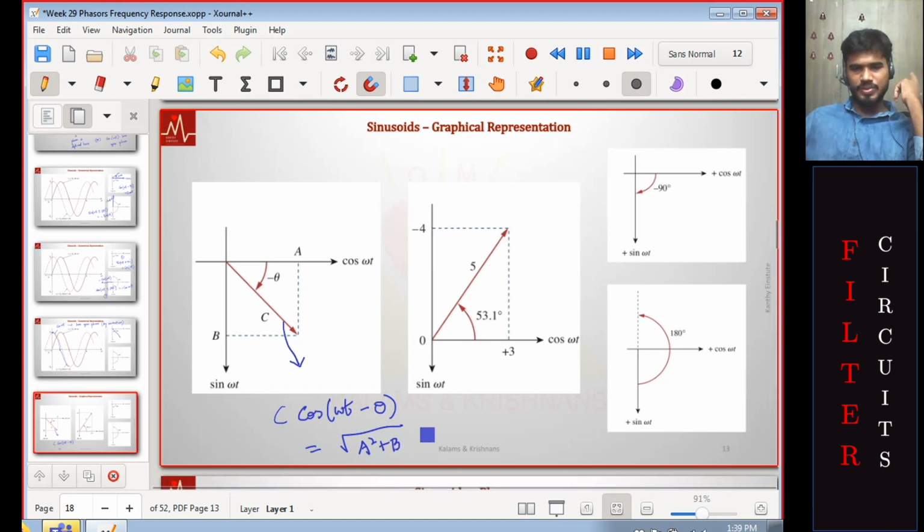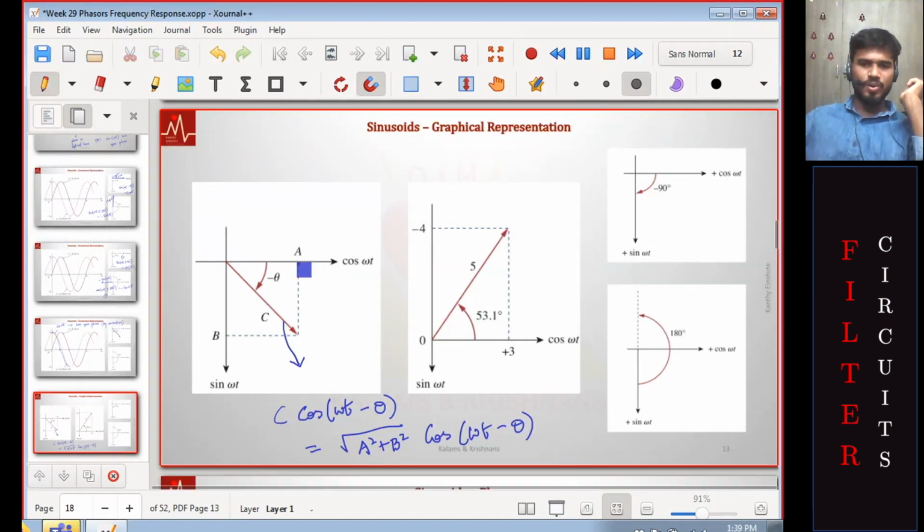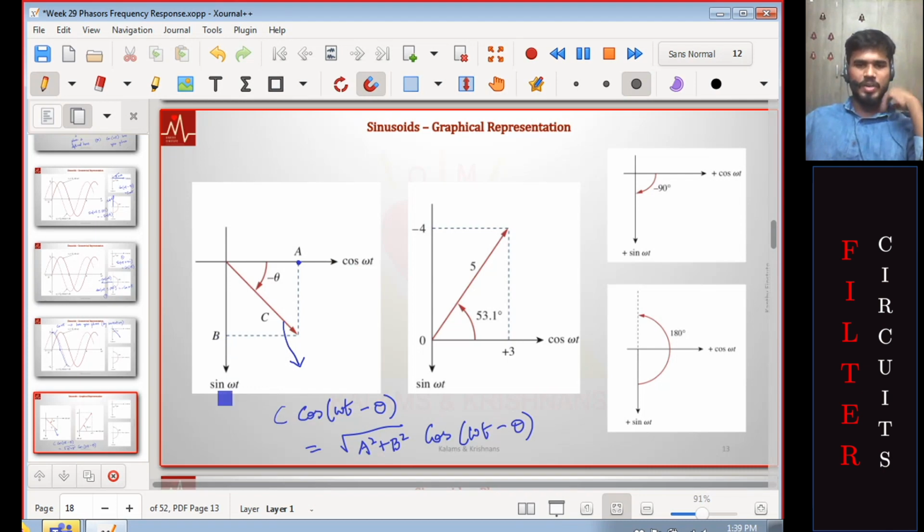C is the hypotenuse. Okay, cos omega t minus theta. And if you use cos A minus B relation, you could also start seeing that as a combination of a cos omega t and sin omega t. Okay, you can expand this further knowing the relations that we have, and you can see that it's actually a combination of a cos and sin omega t.